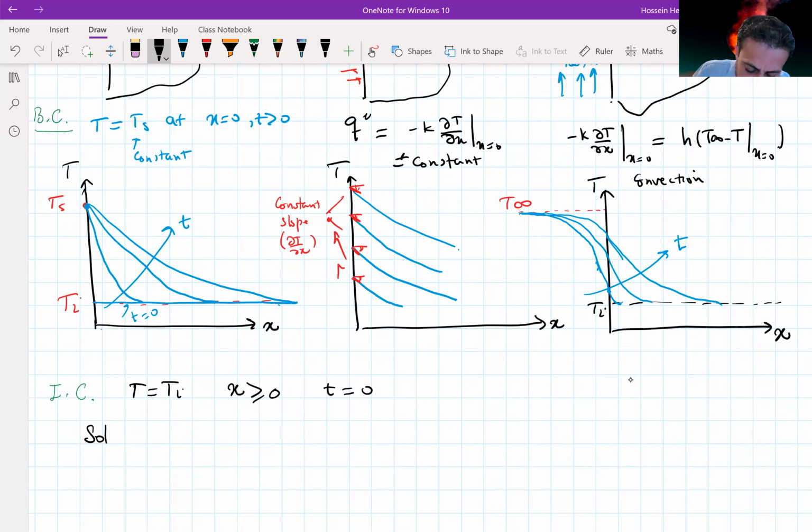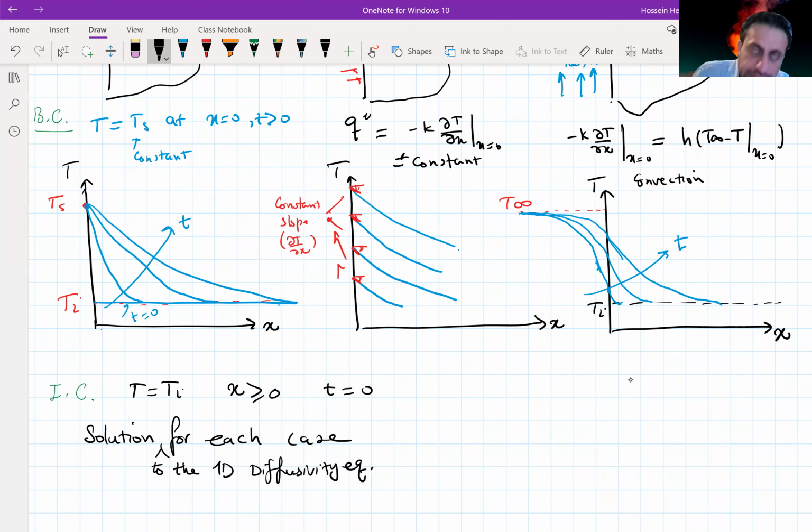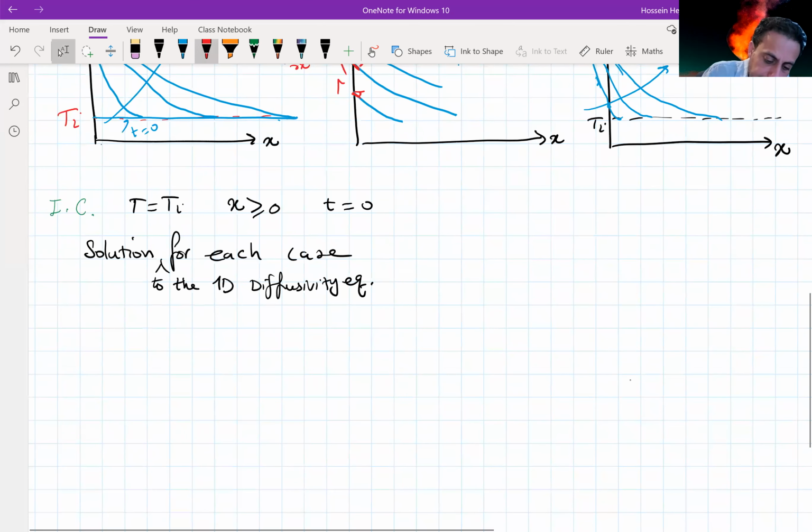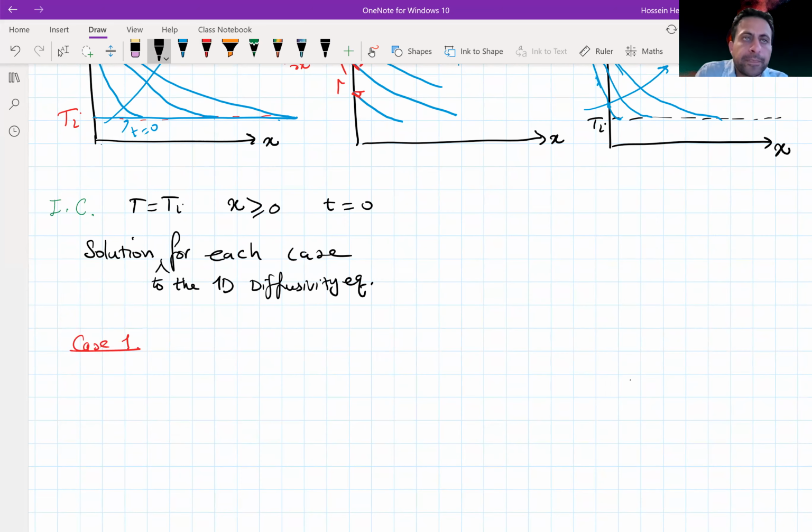So the solution to the 1D diffusivity equation for each case, we can find it as, for case 1, (T(x,t) minus Ts) over (Ti minus Ts).